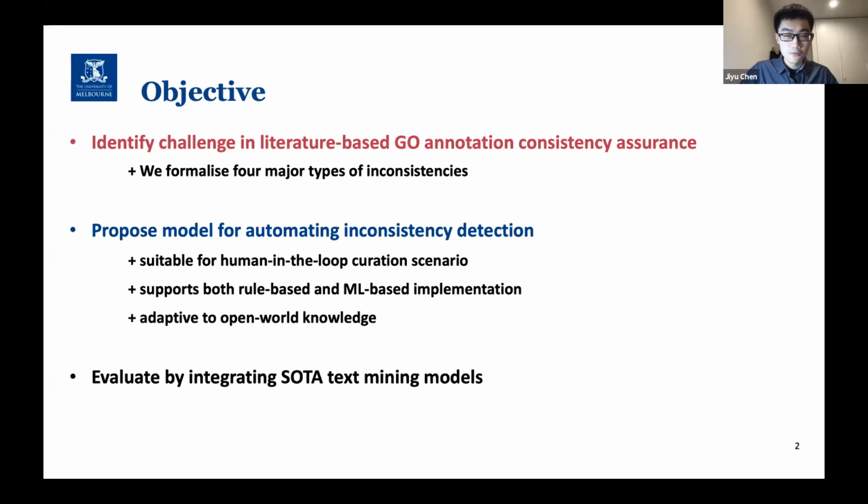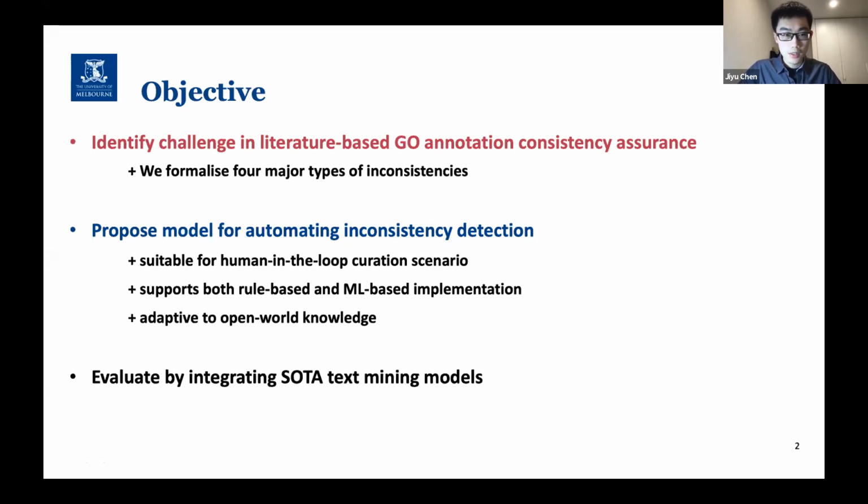We proposed a framework for supporting the development of automatic inconsistency detection models. This framework is suitable for a human-in-the-loop curation scenario and can support both rule-based and machine learning-based implementation.